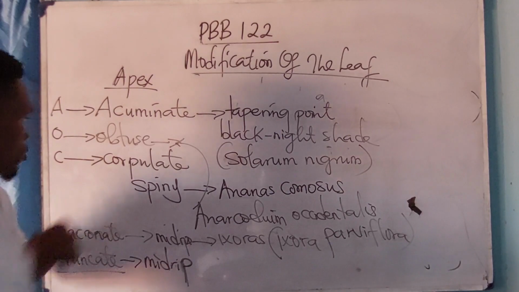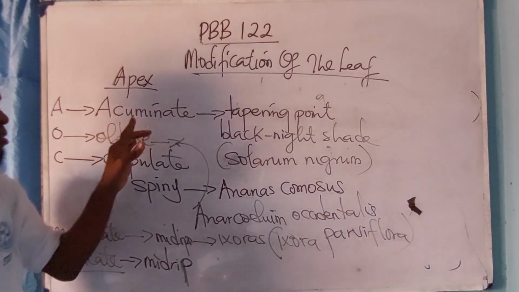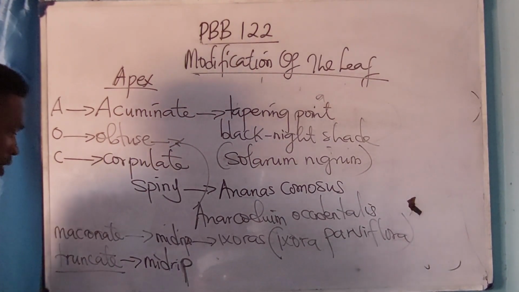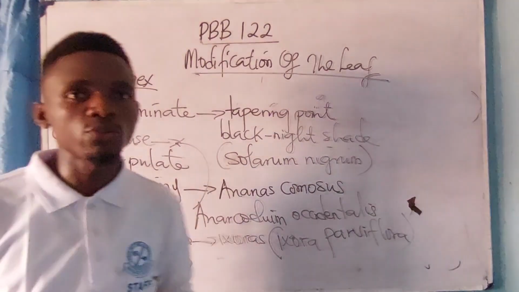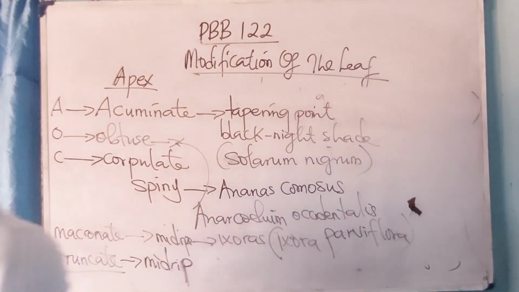Please take note of that. So these are the types of leaves based on apex: acuminate, obtuse, mucronate, and truncate. Take note of that. So at this point, we'll call it a day. Thanks for watching, and endeavor to subscribe.